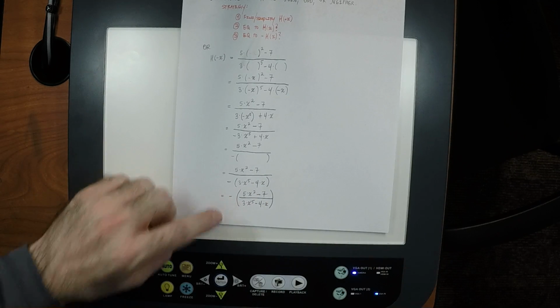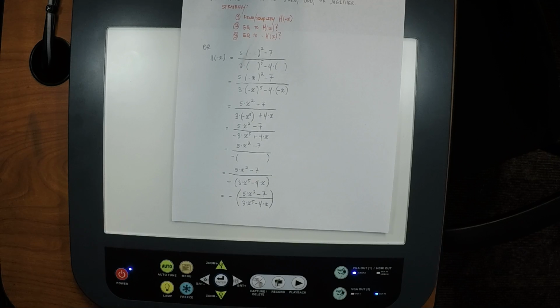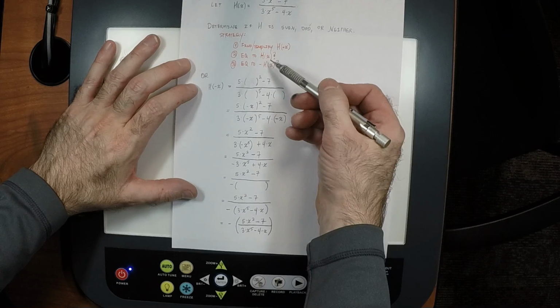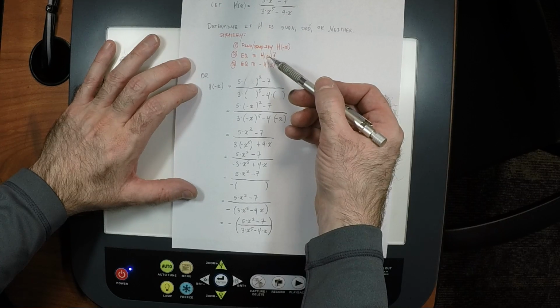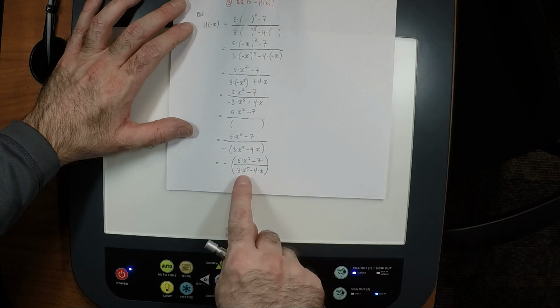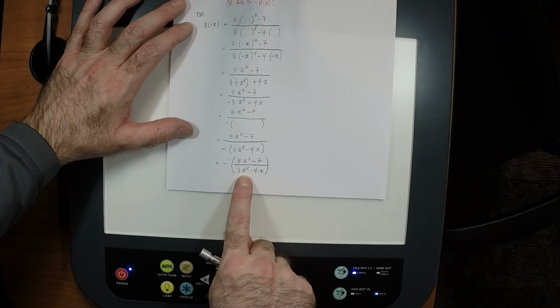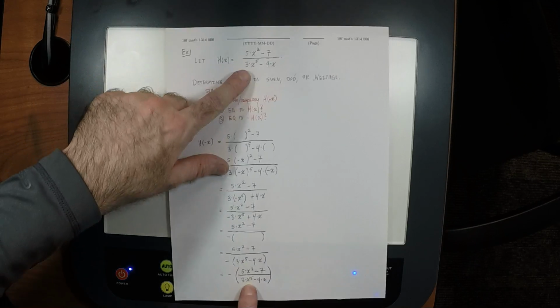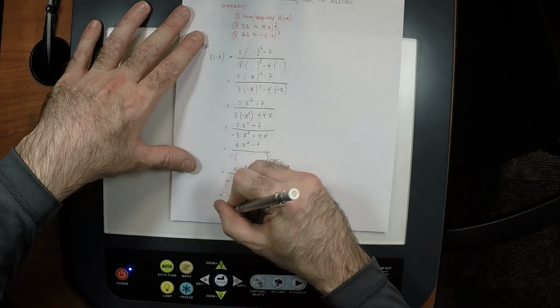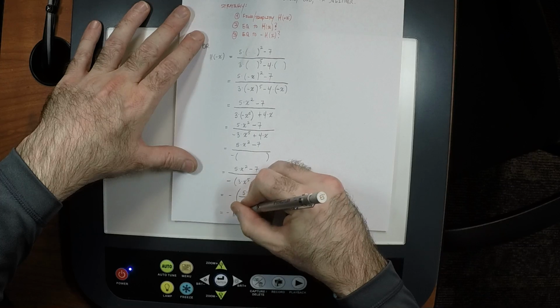So we want to look at this one. What if we factor a negative out? The reason we want to look at that one is because remember, we're asking ourselves, is it that one? Is it that one? Well, how about that thing in round parentheses? What is that? Yeah, that's h, isn't it? So this is equal to negative h of x.